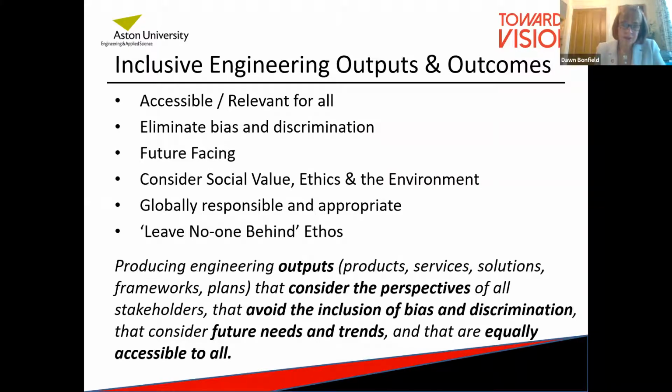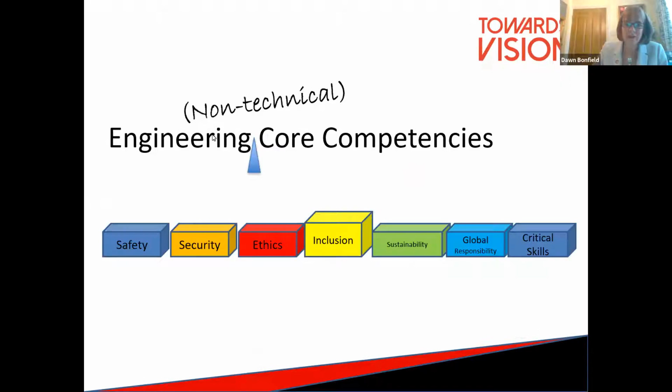They are considering social values, ethics and the environment. They're globally responsible and appropriate, and they comply with this leave no one behind ethos that's very much part of the Sustainable Development Goals. So that's what I mean by inclusive engineering outputs.